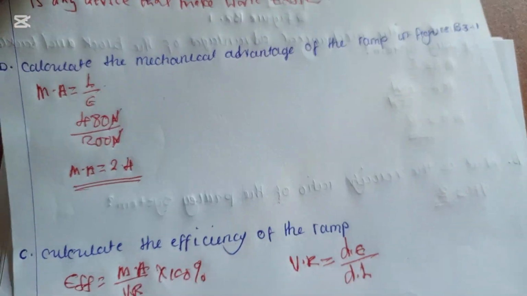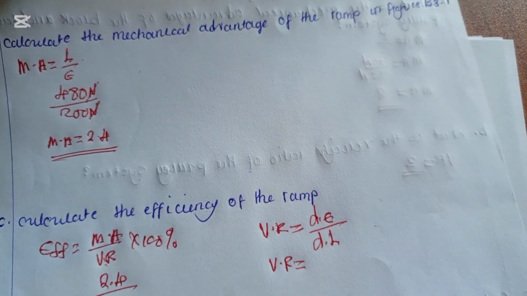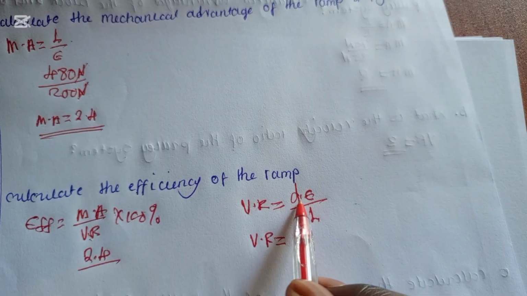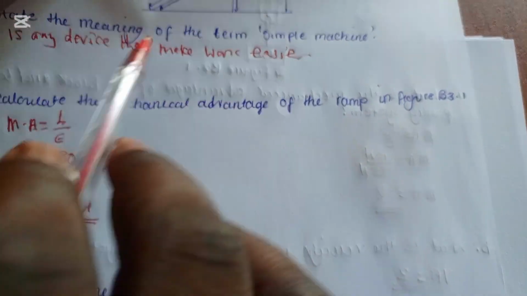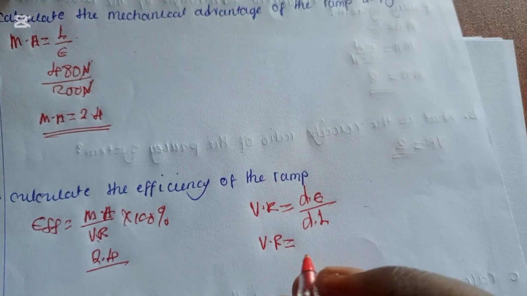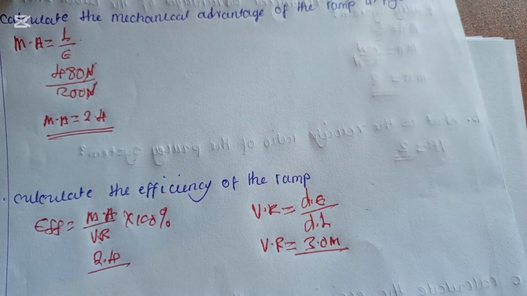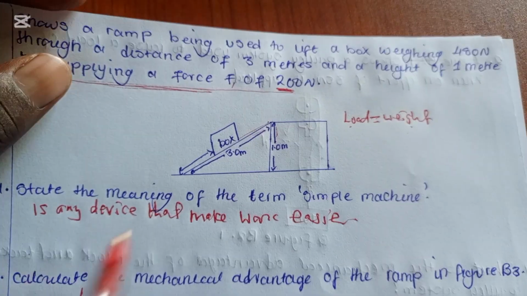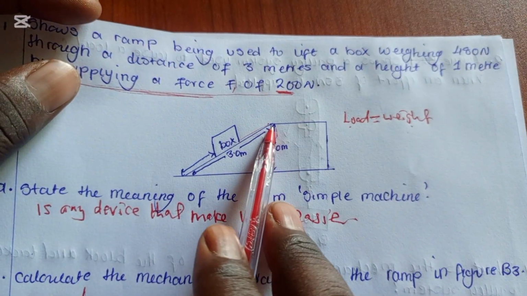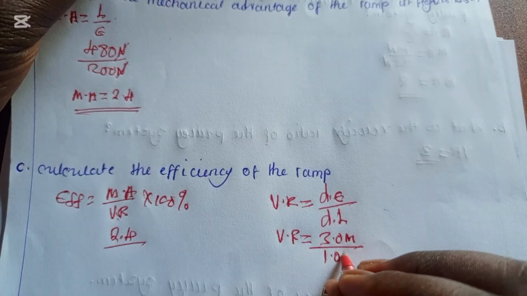So my VR is equal to the distance covered by effort, 3.0 meters, over the distance moved by load, the perpendicular distance, which is 1.0 meter.